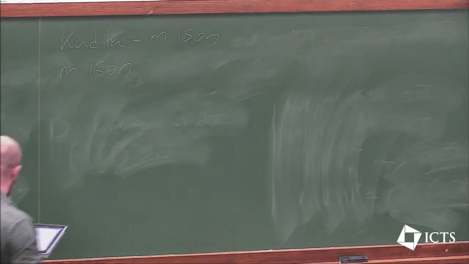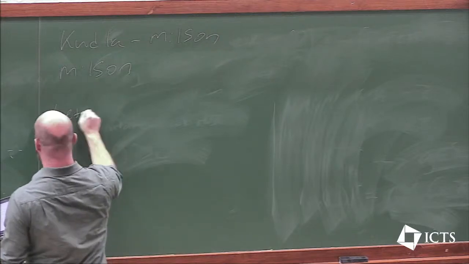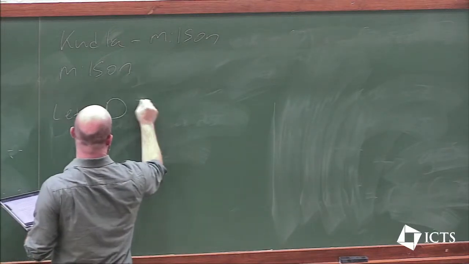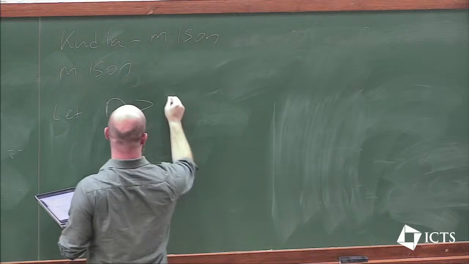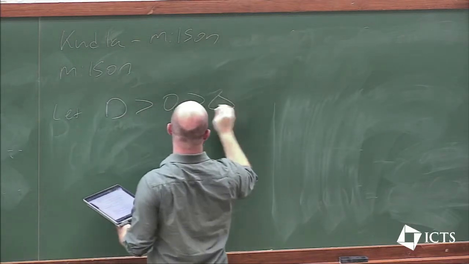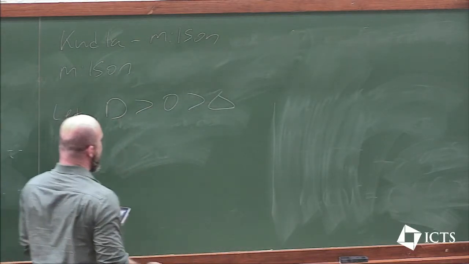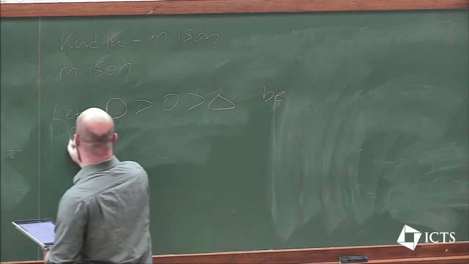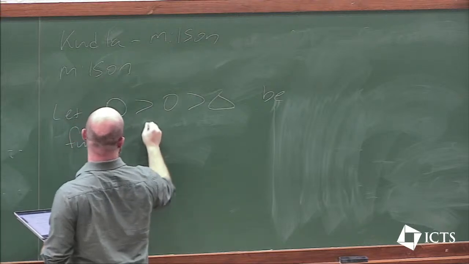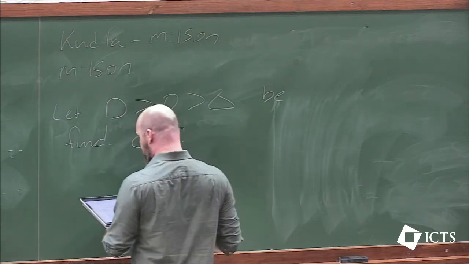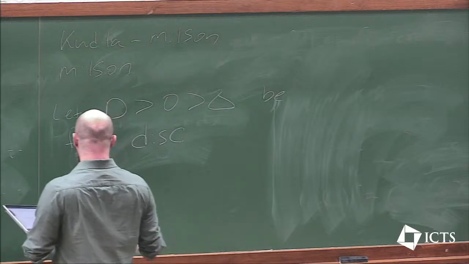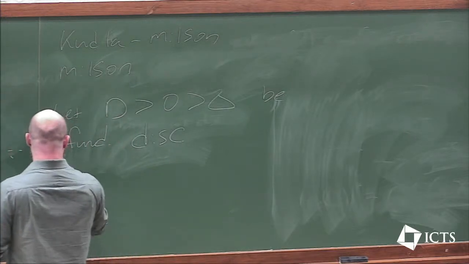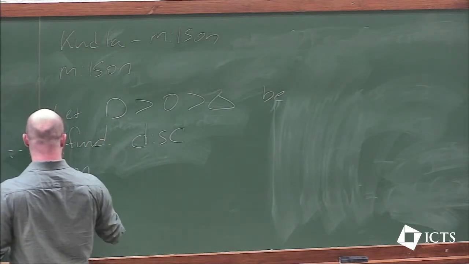For these lifts, I want two discriminants. Let's say capital D is positive and delta is negative, and I want these to be fundamental discriminants. Then we have the Kudla-Millson lift, say KM.